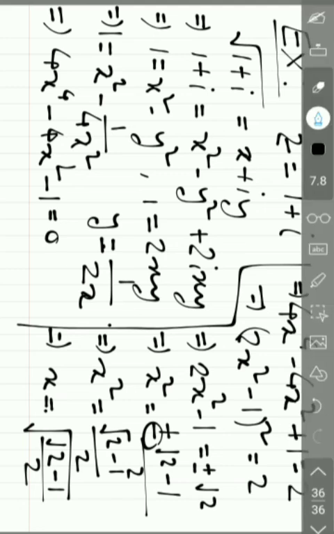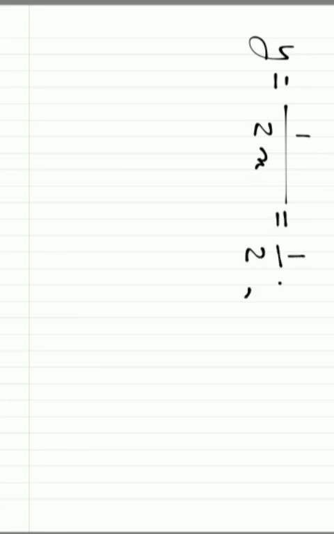And putting it in the value of y, we can write it like this: y is equals to 1 by 2x, that means 1 by 2 into root over of (root 2 plus 1) by 2. Sorry, it will be root 2.